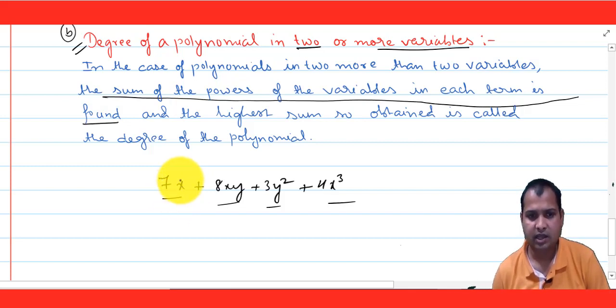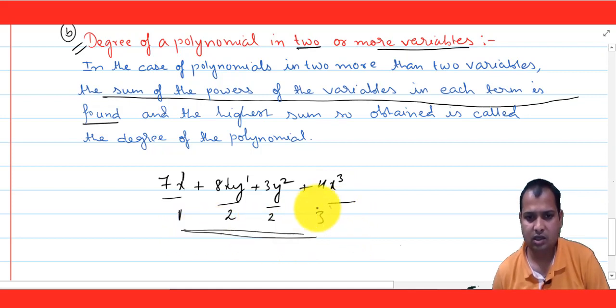Here it has only one variable, so the sum of the powers is 1, here x to the power 1, here x to the power 1 and y to the power 1, so the sum of the powers will be 2. Here only y is there, so the sum of the power is 2. Here only 3 is there, so the sum of the power is 3. Out of these, which one is highest? 3. So the degree of this polynomial will be 3.